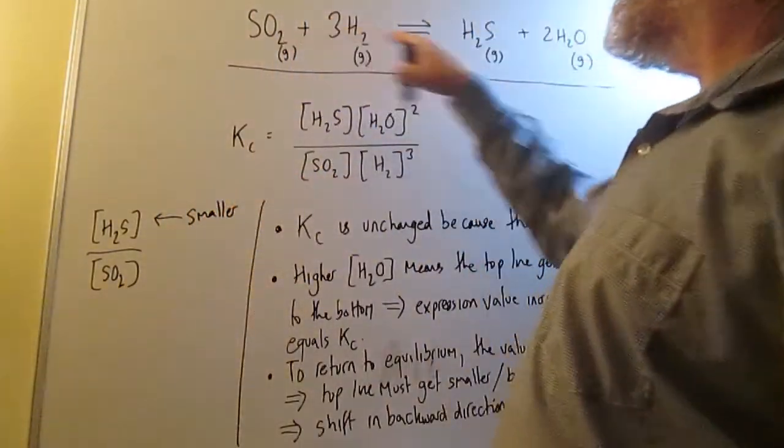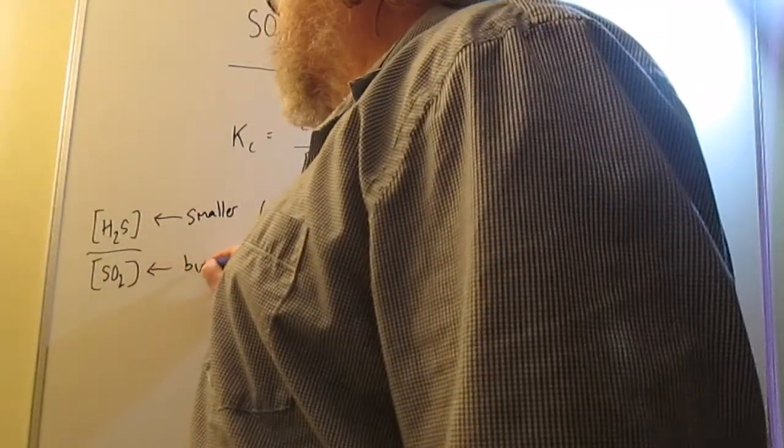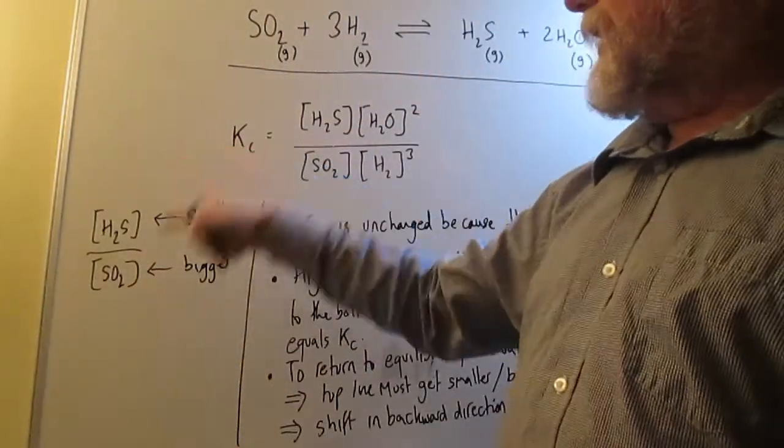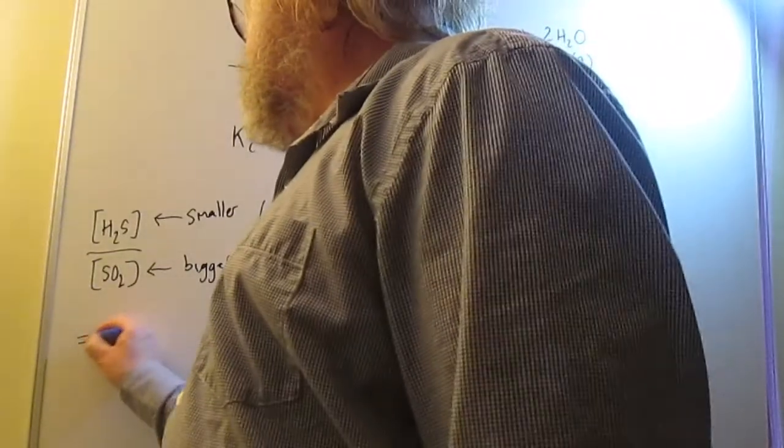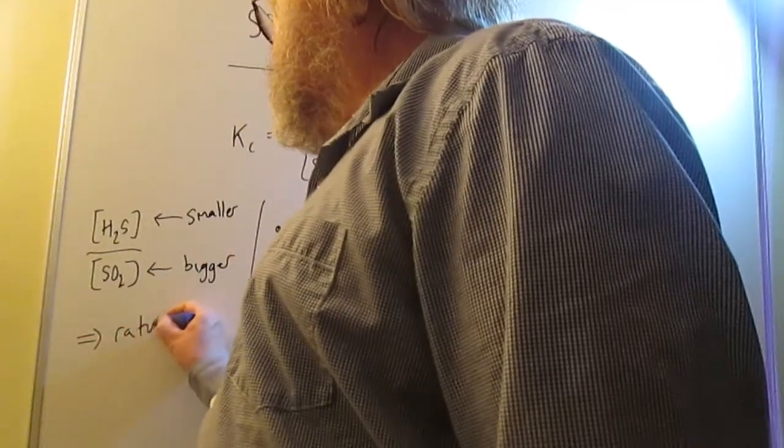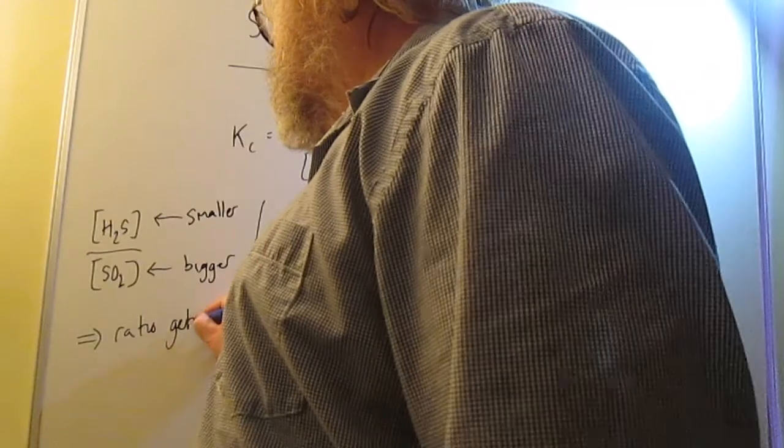When we shift in the backward direction, we use that up, and that's going to get bigger. And therefore you can see that the value of that is going to become a smaller number. So the ratio gets smaller.